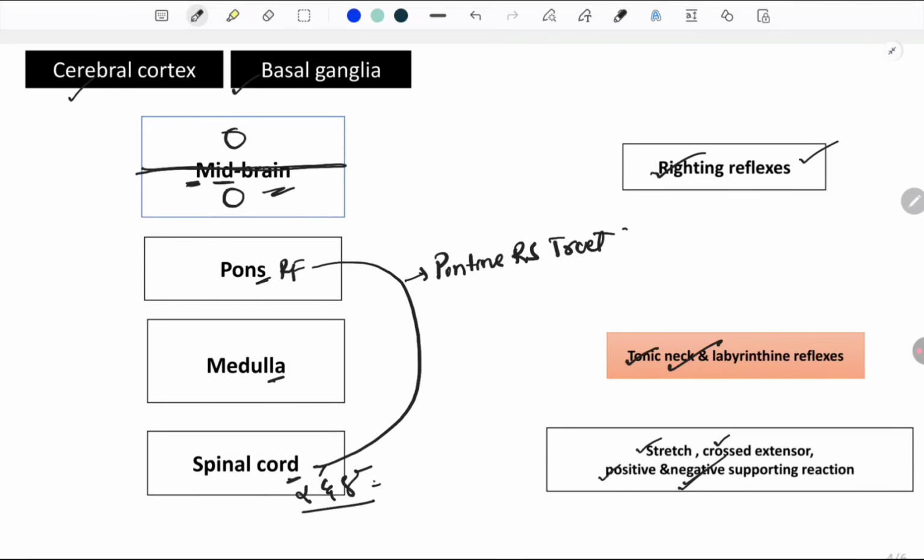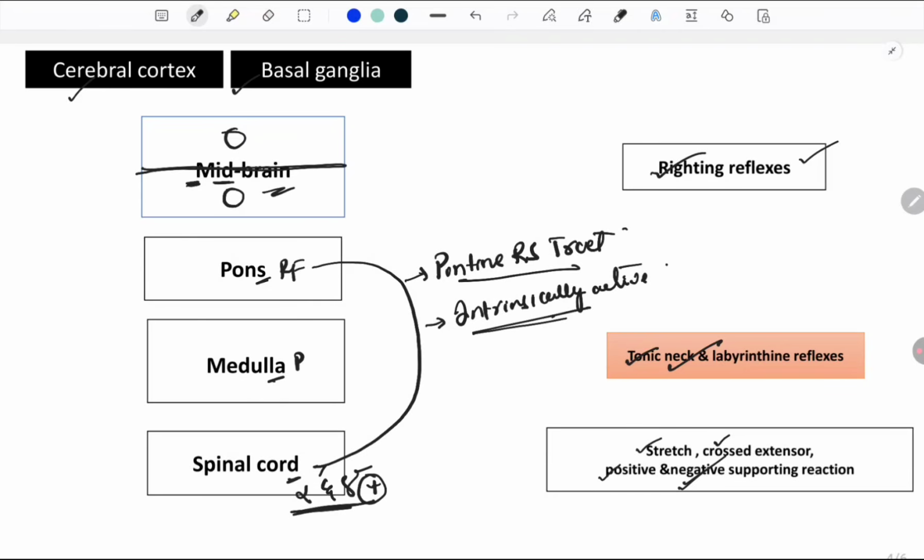So what kind of influence is it having? A facilitatory influence. One more very important point to remember here is that the pontine reticulospinal tract is said to be intrinsically active. That means it is always active. Continuously, it is providing facilitatory impulses to these motor neurons.